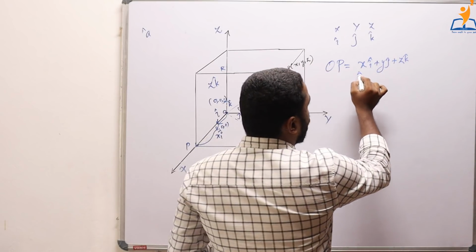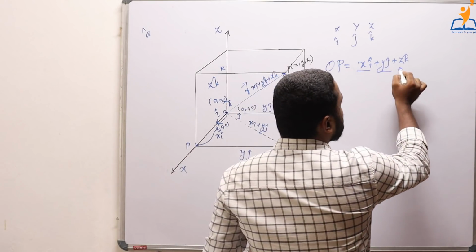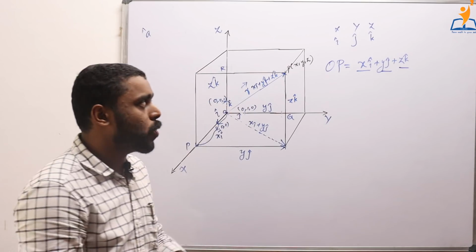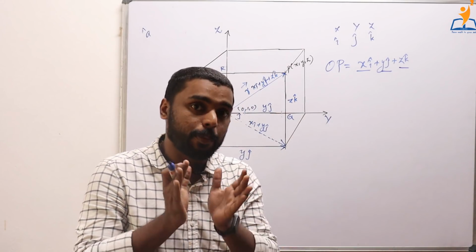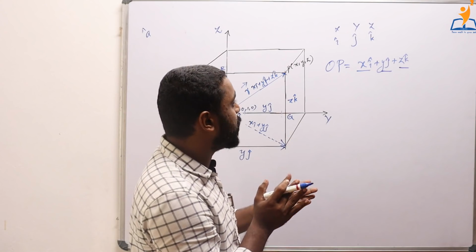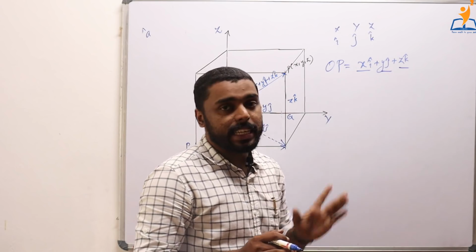Clear? So the first component is x i cap, the second component is y j cap, and the third component is z k cap. So for any point we can find the position vector, and the position vector is of the form x i cap plus y j cap plus z k cap.